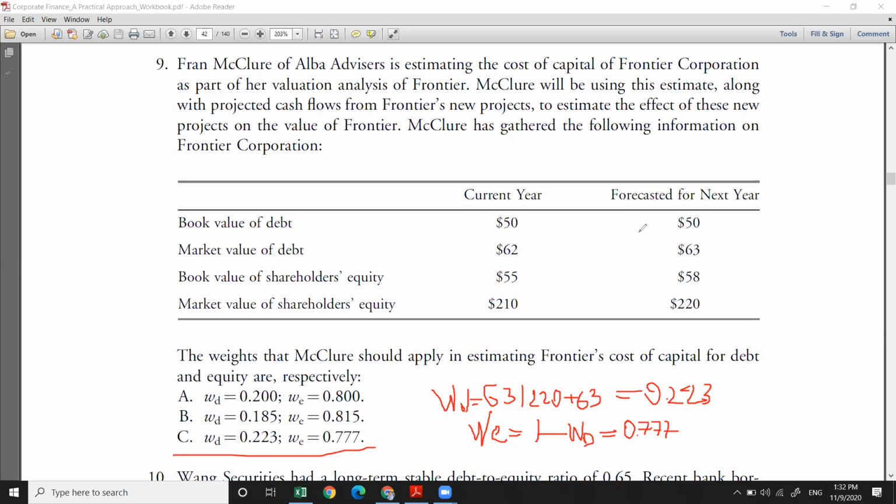And why are we using the forecasted one, who can tell me? Not the current year's one. Maybe because if we need to find the current year, we need to use the forecasted year.